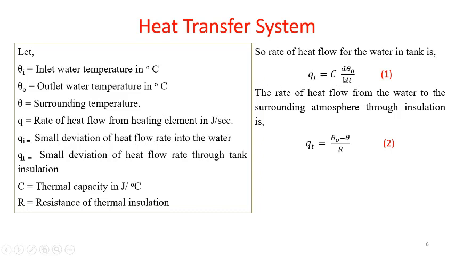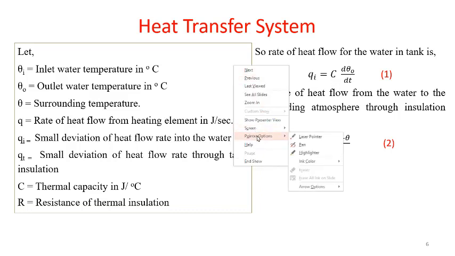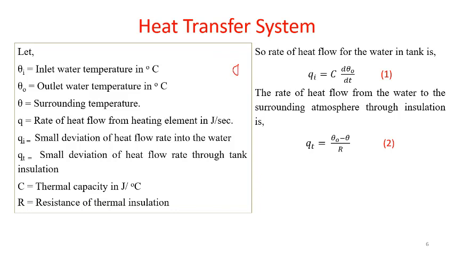How we got this is from our very familiar equation, Q = M Cp delta T. Here Q is the overall heat transfer, but we are going to talk in terms of the rate of heat transfer.